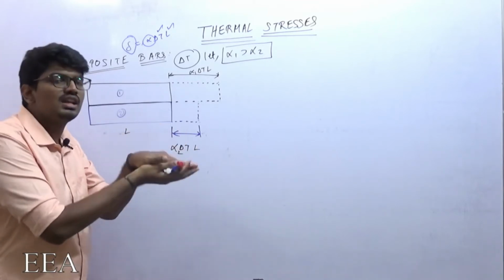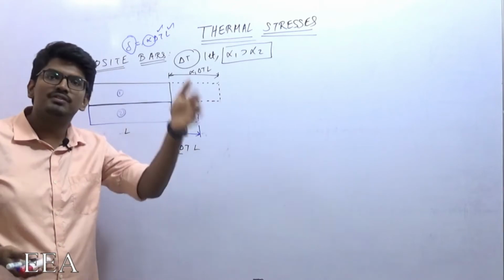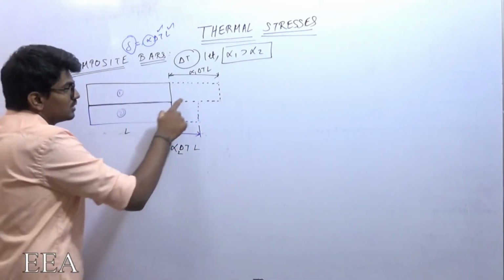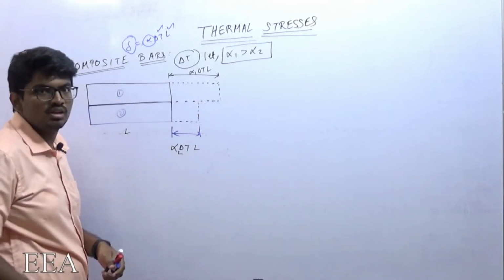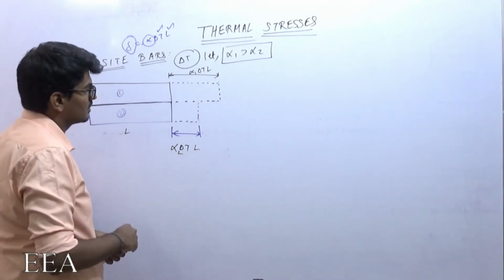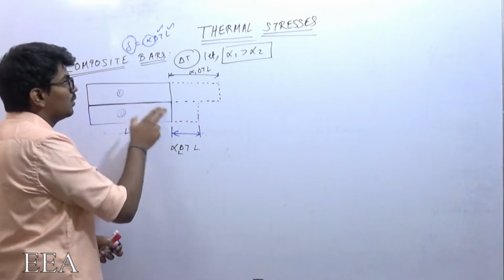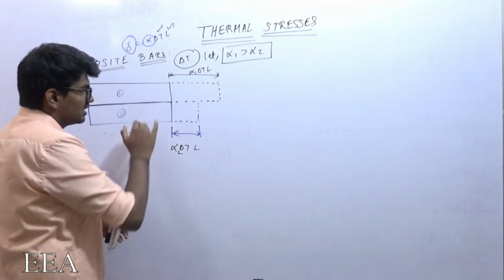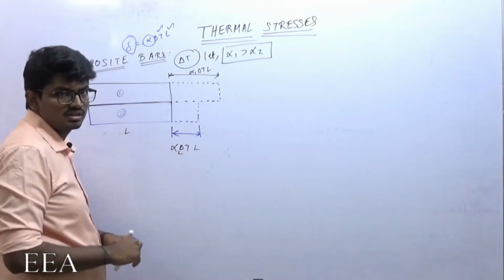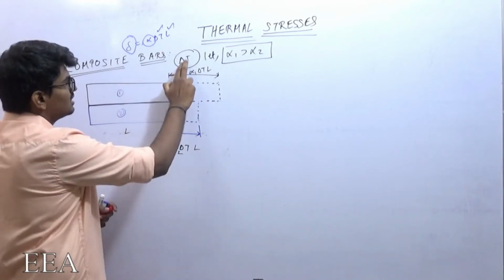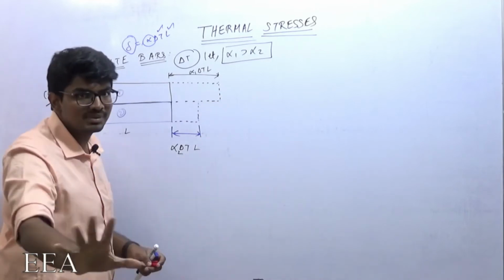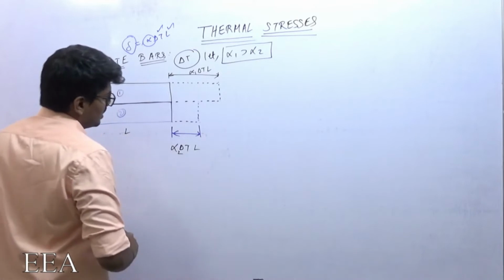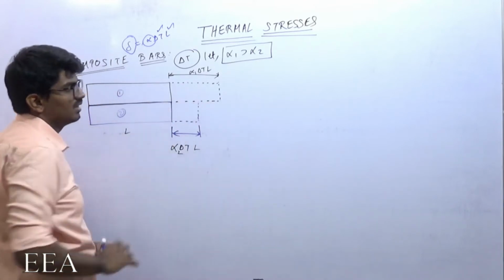If they are sticking with each other perfectly, if there was a perfect bonding between 1 and 2, then there is no possibility for this relative motion. What does it actually mean? Listen carefully. The first member has a higher capacity to deform. The second member has less compared to the first member. If I increase the temperature, for example by 10 degrees, the first member will try to deform more, but the second member will try to deform less.